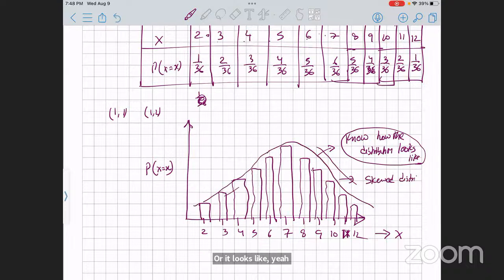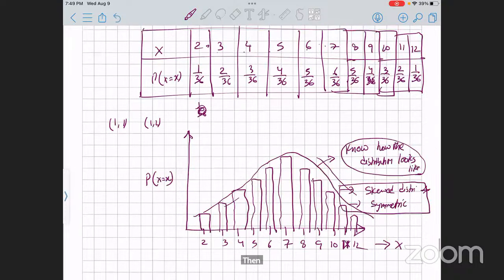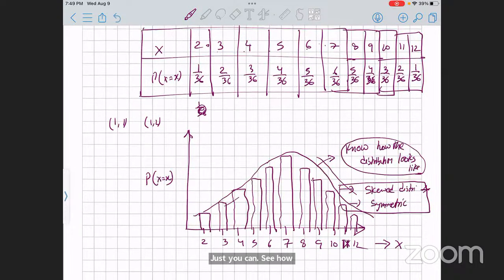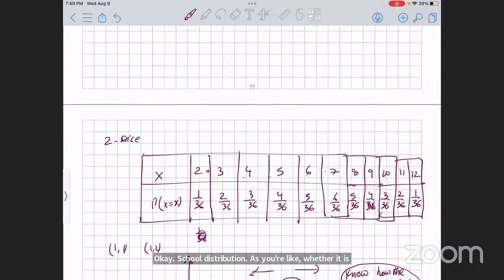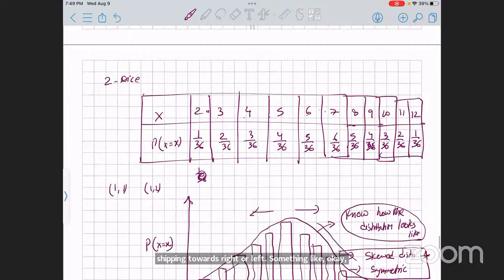Skewness is whether it is shifting towards the right or left. This is the main advantage and importance of the PMF graph.